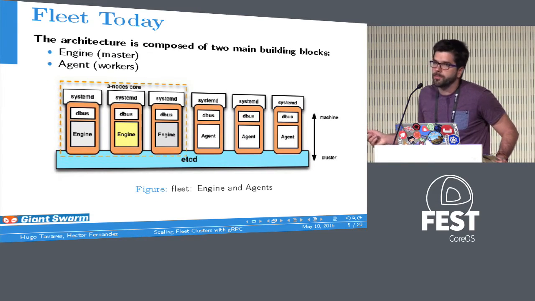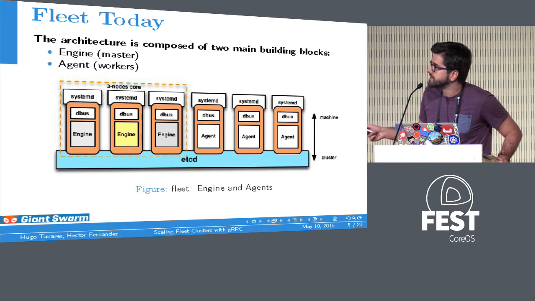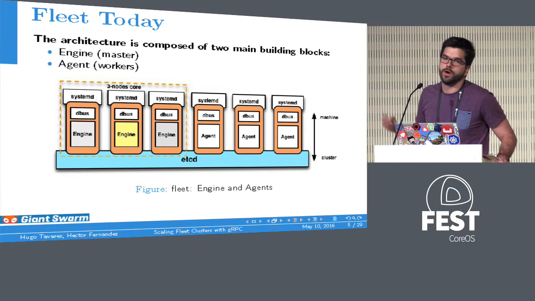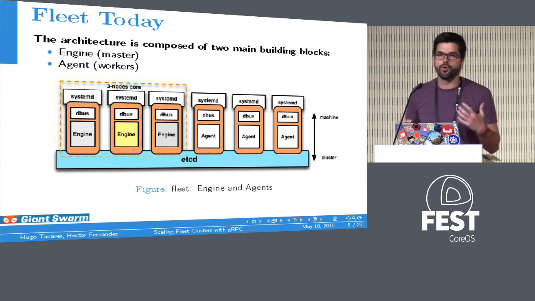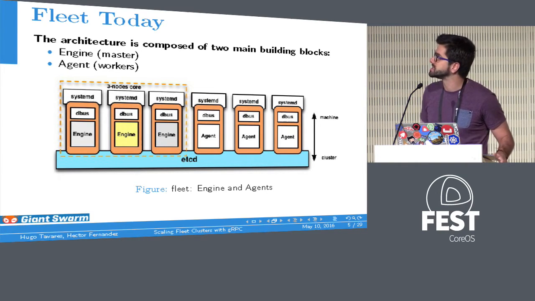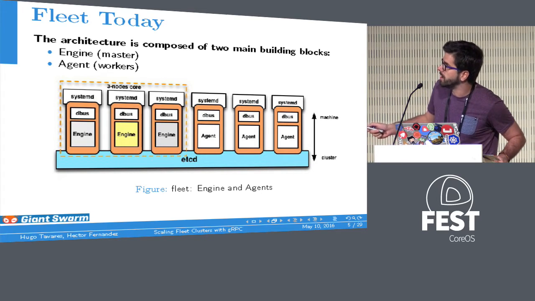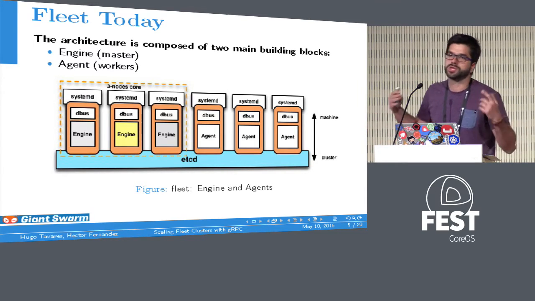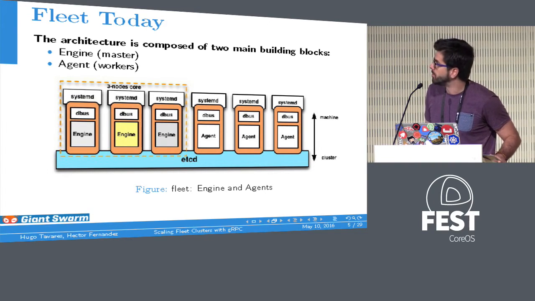On this figure, what I pretend to show is what could be a high availability organization of Fleet, in which, again, you have etcd for all the Fleet nodes, and three Fleet nodes represent the core, meaning where I have all the potential engines that can be used as masters. In yellow, I want to say that we will always have one single master, and that can bring some single point of failure problems. And then the agents.